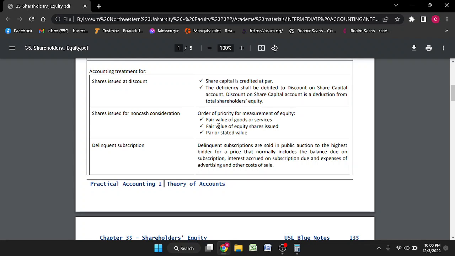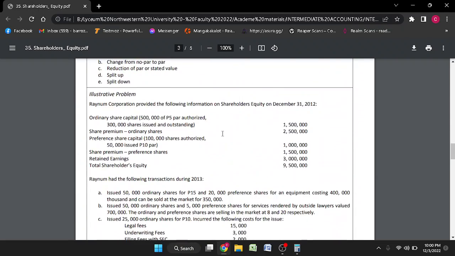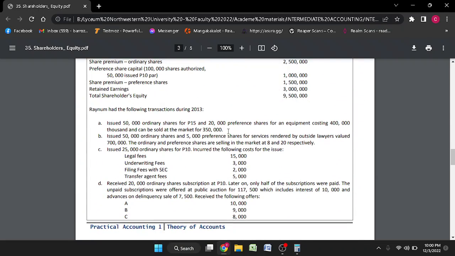Next, if that doesn't have a fair value, the fair value of the equity shares issued, or if that wasn't given, we can use the par value. However, in this scenario we could use the top priority, which is the fair value of the non-cash consideration.